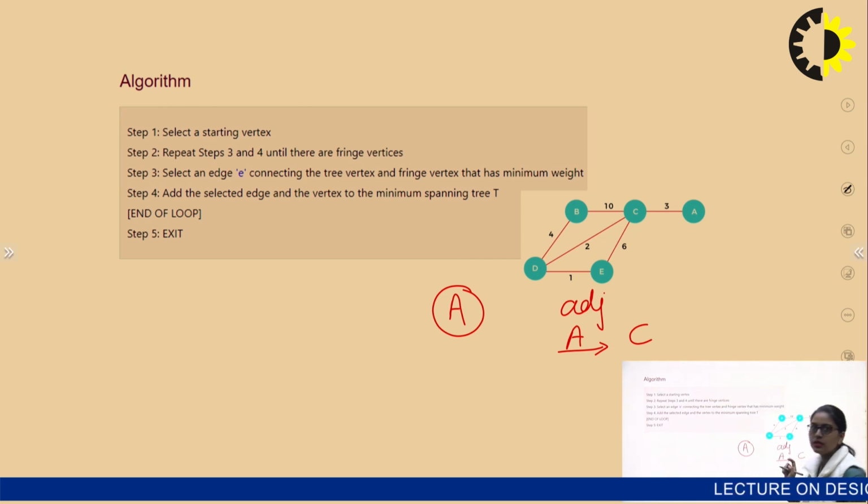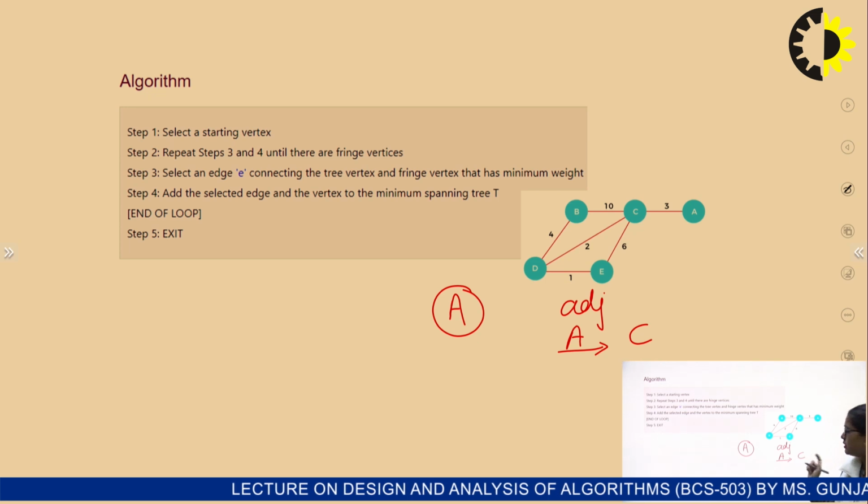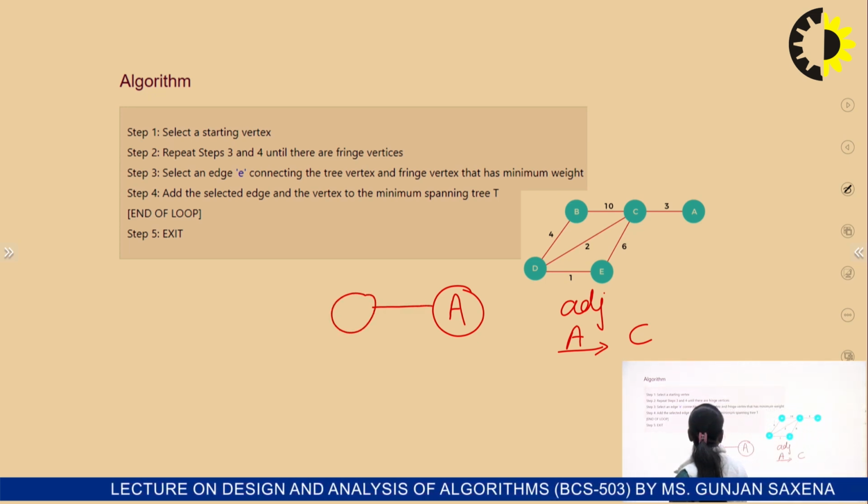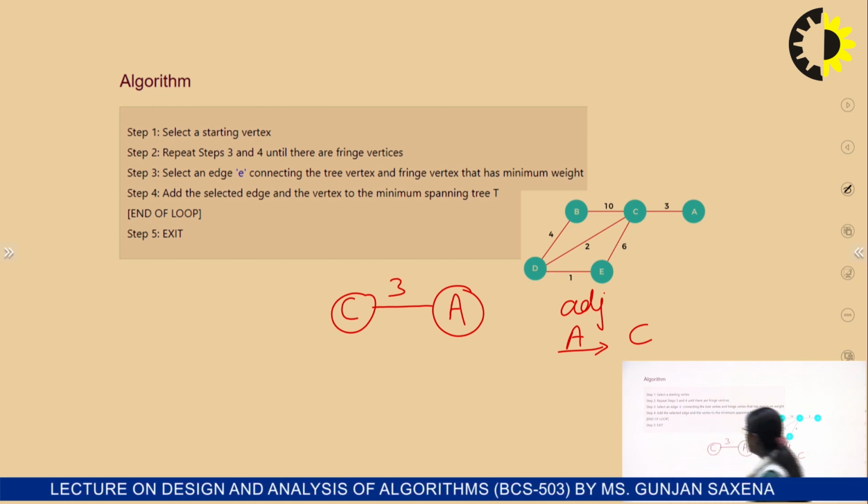If we had another edge, suppose A to E with cost 1, or cost 2, then according to the cost we would go A to E rather than A to C. So there is only one adjacent vertex, which is C. Now we go from A to C. So the cost is 3.